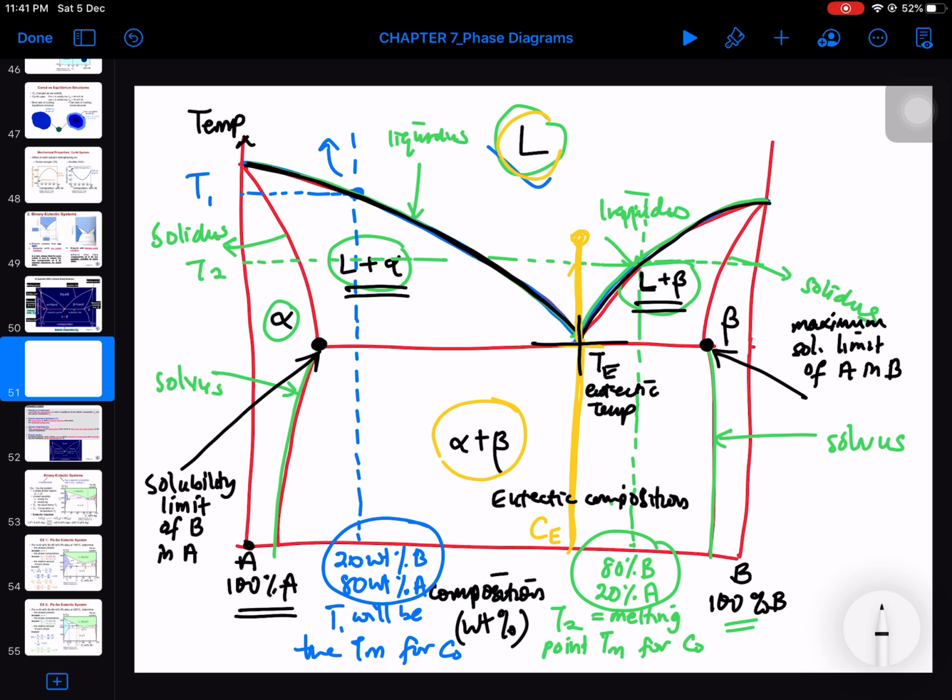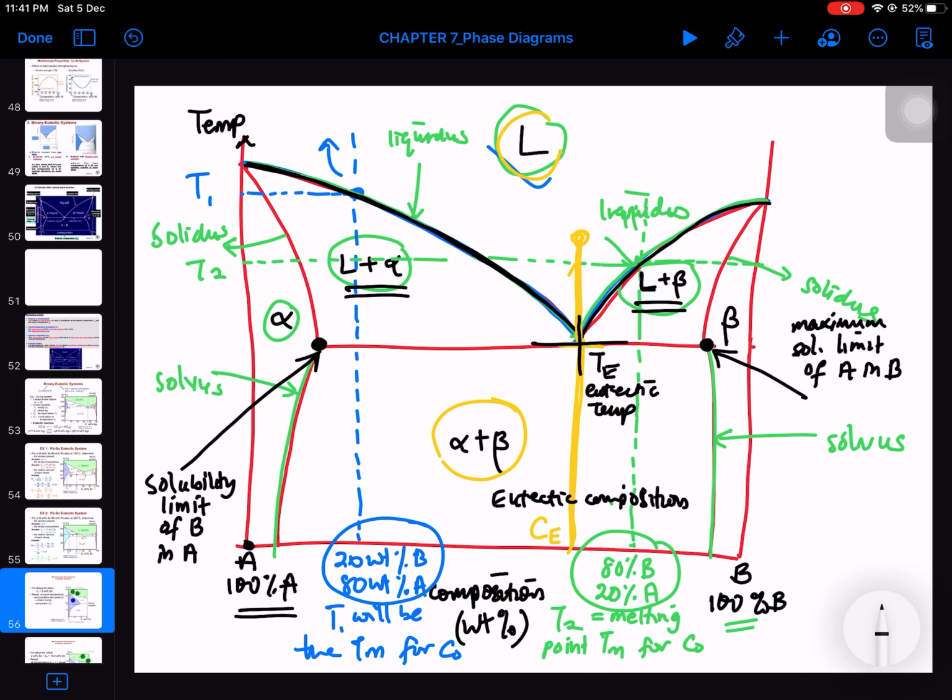Within a binary eutectic phase diagram, this kind of eutectic composition occurs at one specific composition of alloy only, and also at one specific temperature only. The temperature is called the eutectic temperature and the composition is called the eutectic composition.